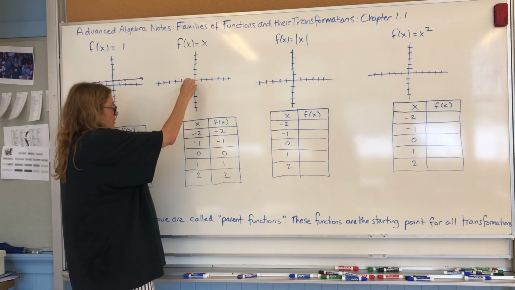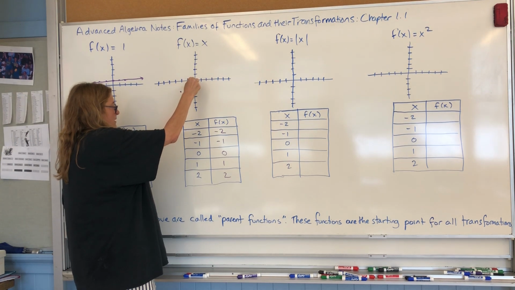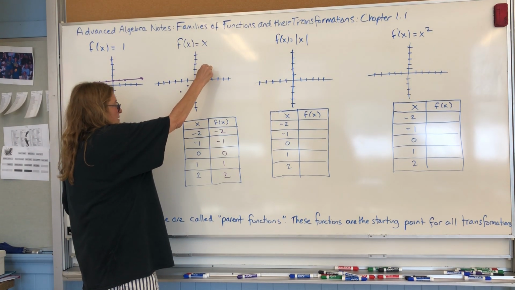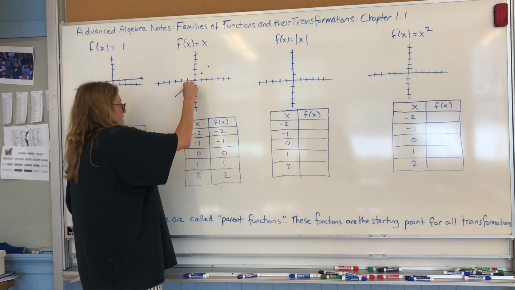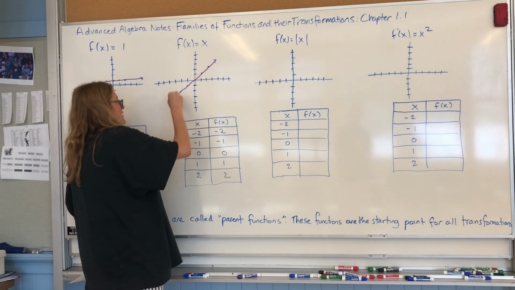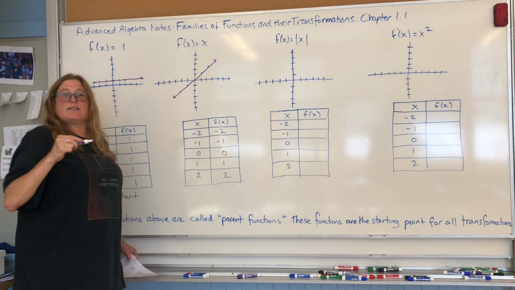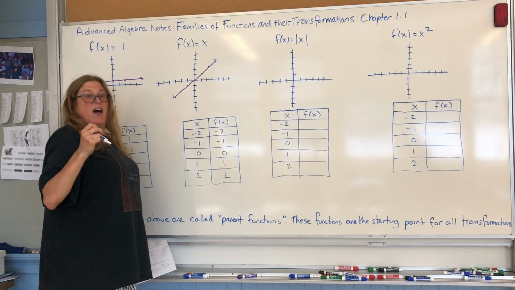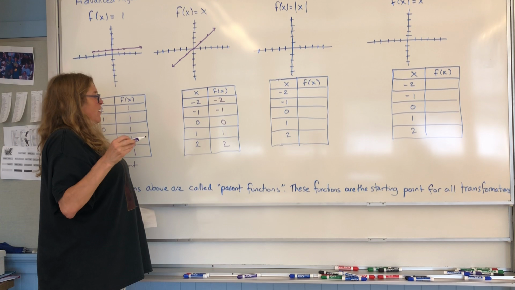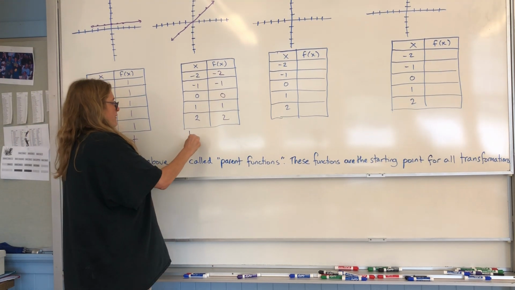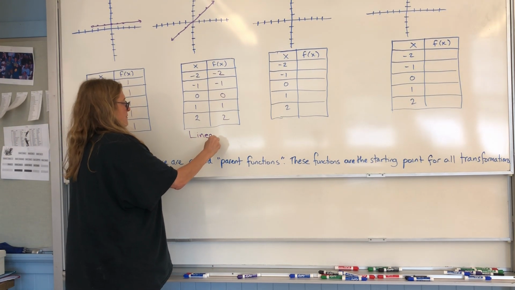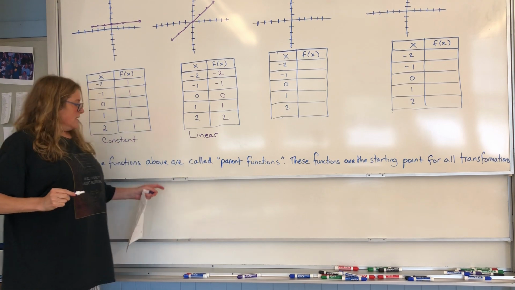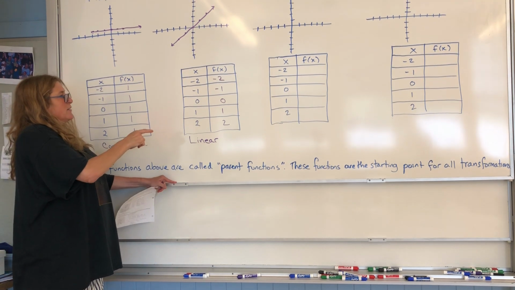Negative 2, negative 2, negative 1, negative 1, etc. This, most of you would agree, is a line. So we're going to call this, no surprise, a linear function. Okay, so now we've got our constant, and we've got a linear function.